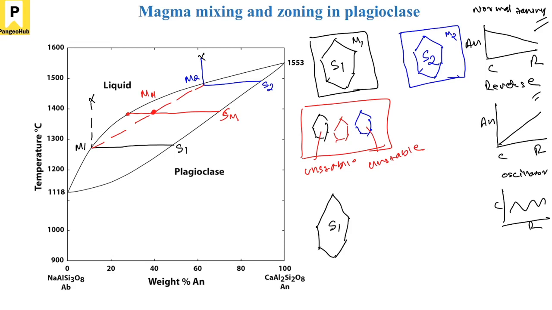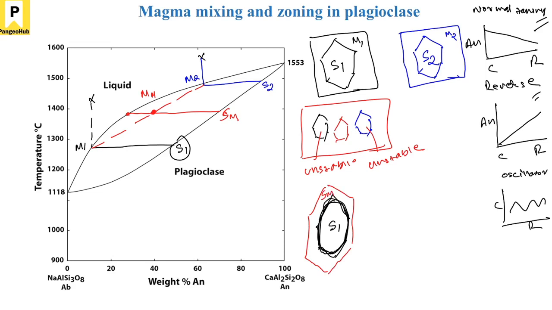S1, you see, is at a lower temperature than SM, the solid from magma MM. So the magma MM will corrode this S1 like this. It will become rounded, and above this there will be growth of SM.